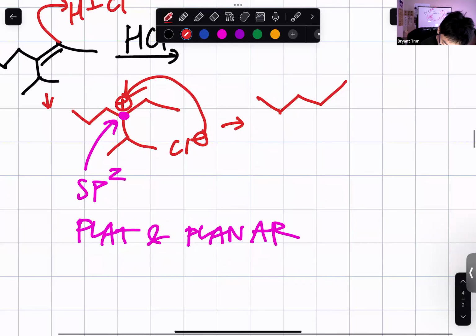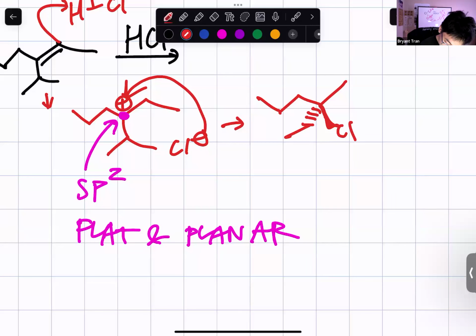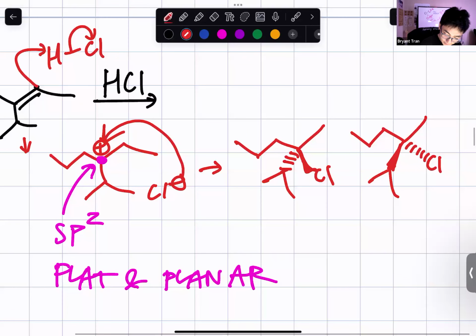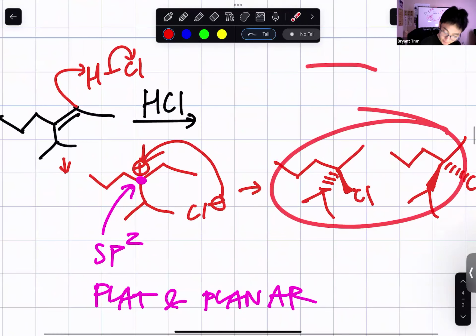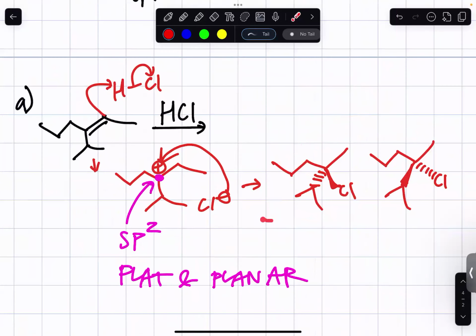That would make this isopropyl group here dash. It could have been the other way as well. This chlorine here could have been a dash chlorine, and this isopropyl group here could have been a wedge, like that. Right. And would these be enantiomers or diastereomers of each other?